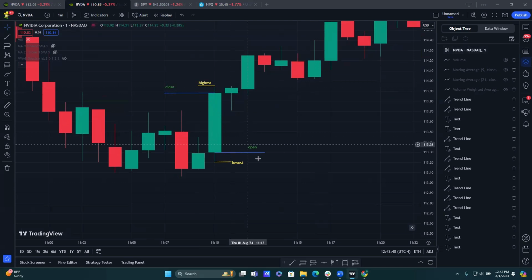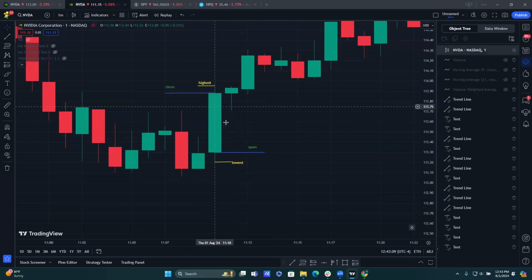So the lowest low in this 1 minute range was down here. I marked it at $113.22. And from there, the highest high in this 1 minute interval was at 113.95.